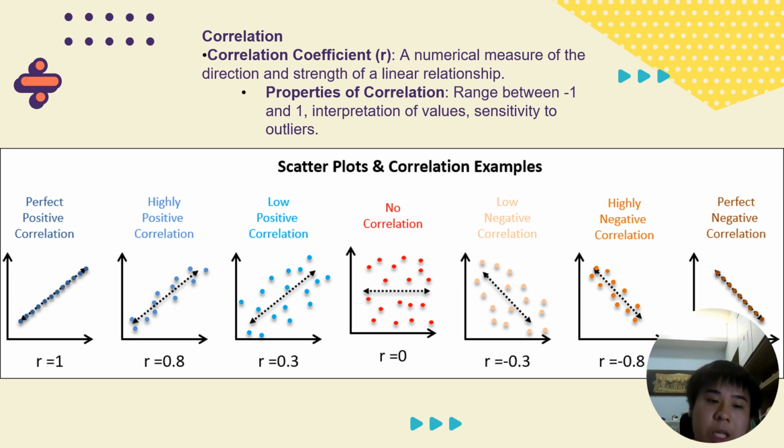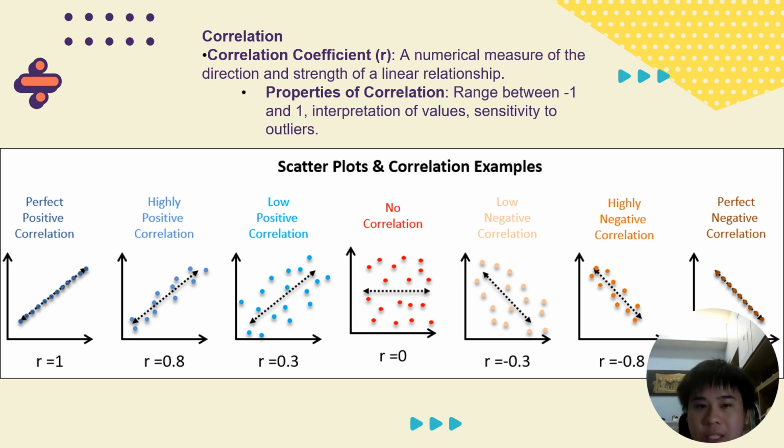For example, on the left side, when r equals 1, it is a perfect positive correlation, so all the dots lie on the line. For 0.8, it is close to 1, so it's a highly positive correlation. It's still pretty strong, but not perfect, since you can see the dots lie closely to the actual line.